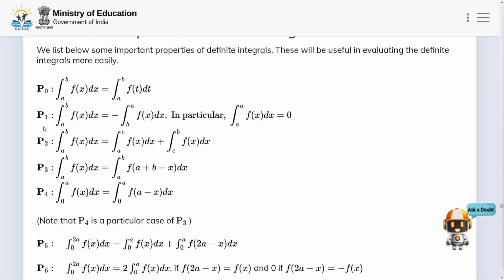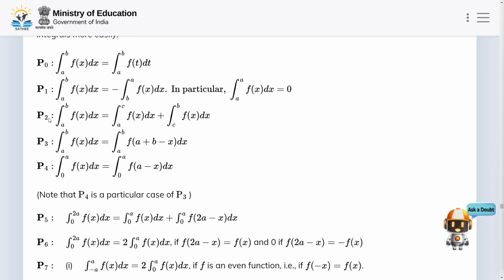So the definite integral a to b of f(x) dx is equal to minus the definite integral b to a of f(x) dx. Simple. In particular, the definite integral from a to a, the same point to the same point, of f(x) dx will always be 0.